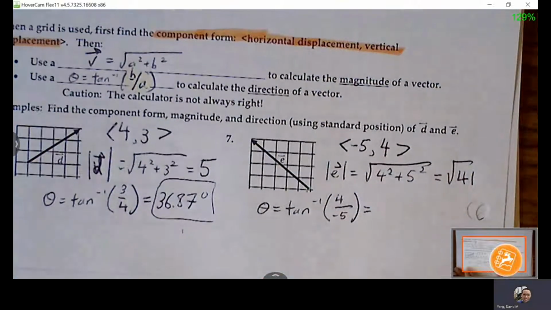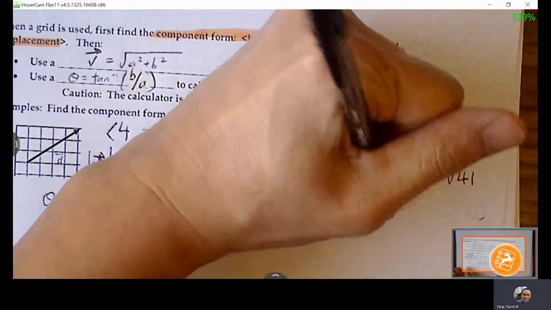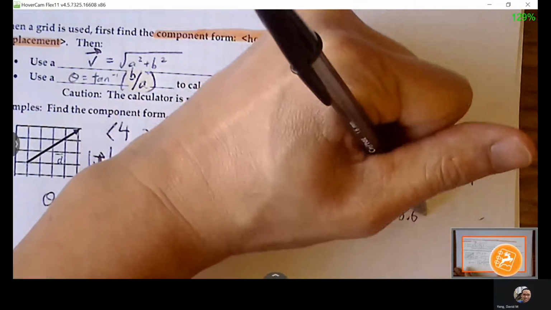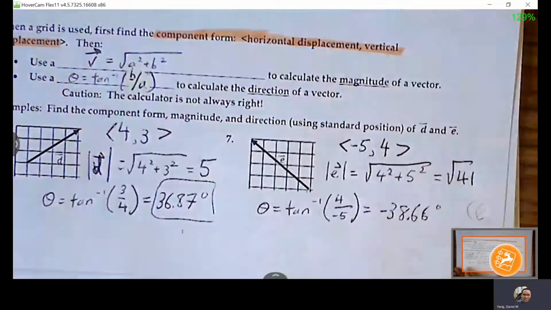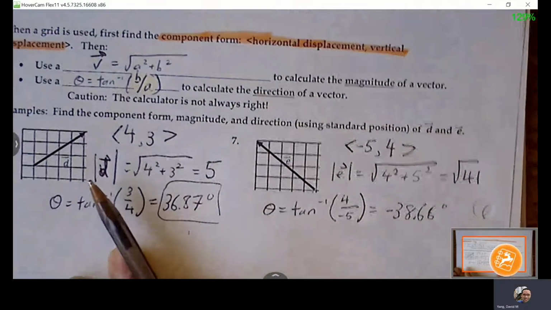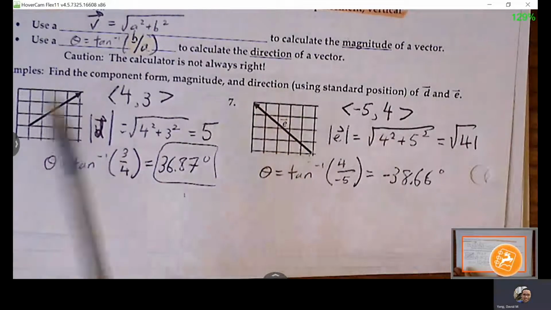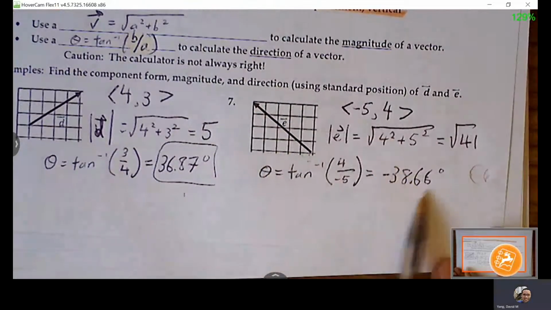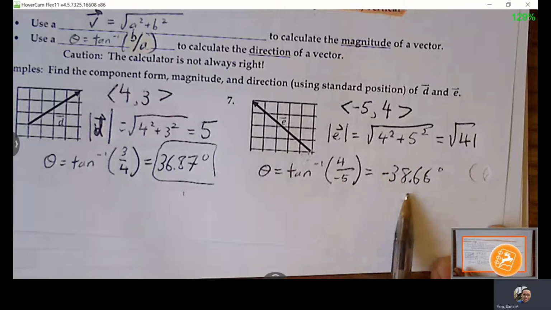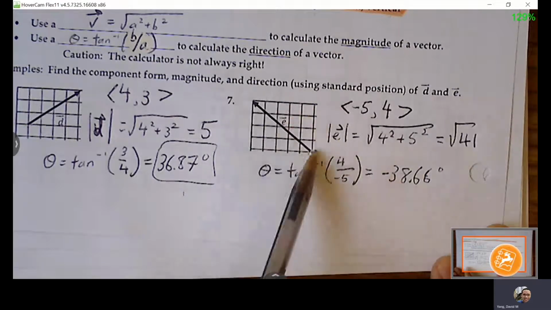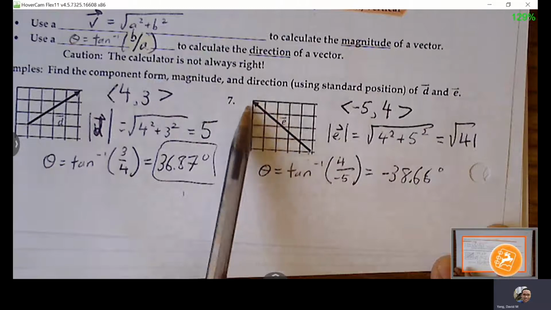Inverse tangent. All right. Which quadrant is this pointing in? Second quadrant. So we have to make an adjustment, right? This -38 degrees is not going to be suitable for that direction.